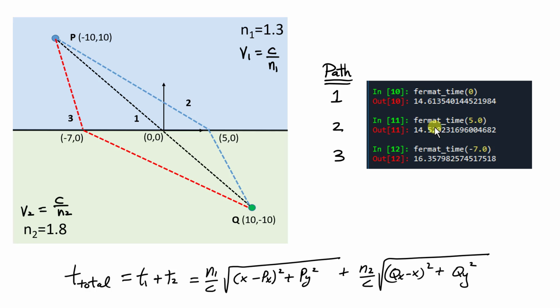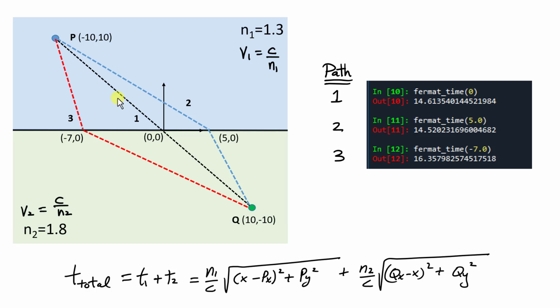It's a little bit smaller than the first path. And if I do the red path, path number 3 over here, if I substitute the x value, which is -7, well, what you get in that case is a much larger time. In this case, it's 16.36.